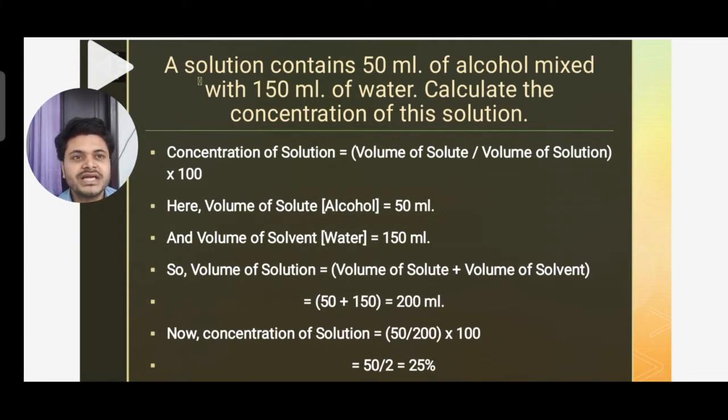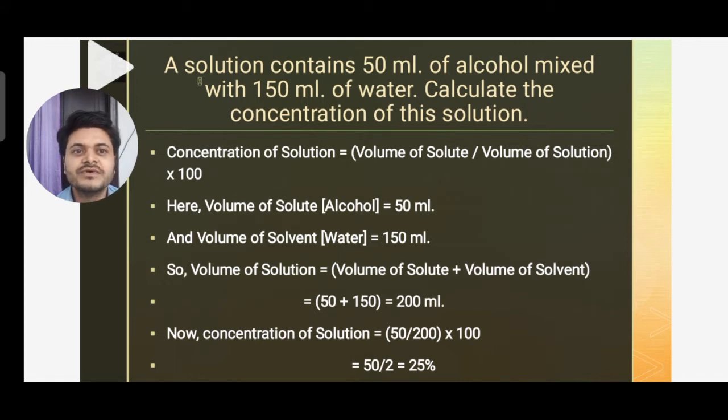A solution contains 50 ml of alcohol mixed with 150 ml of water. Calculate the concentration of the solution. We know the formula: concentration of solution is equal to volume of solute by volume of solution into 100.